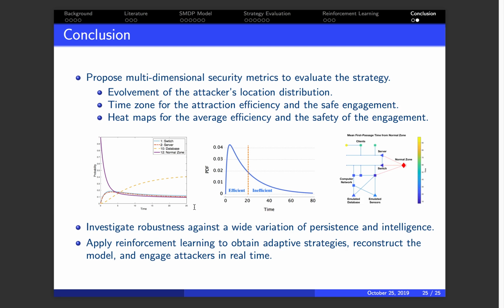Besides the economic metrics, we also have multidimensional security metrics to evaluate the strategies. We also investigate the robustness of our policy against a wide variation of persistence and intelligence. Finally, to obtain an adaptive strategy, we construct a model to gather threat intelligence and also engage the attacker in real time. We apply reinforcement learning on SMDP.